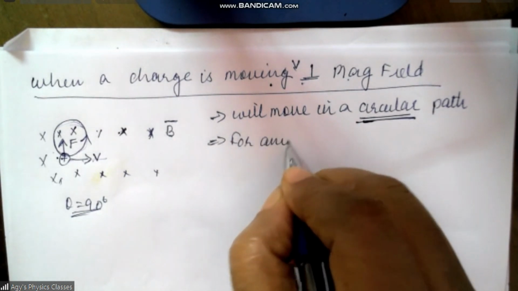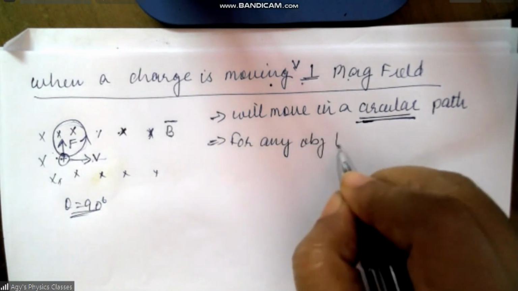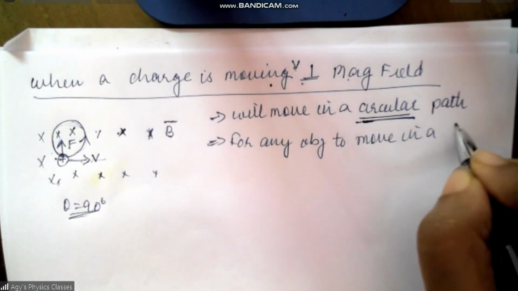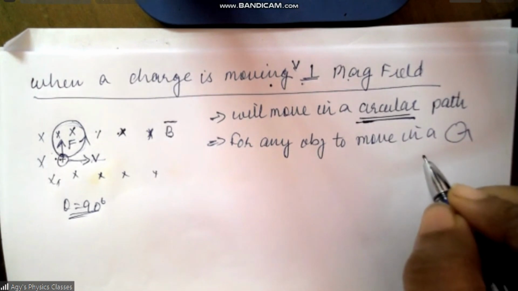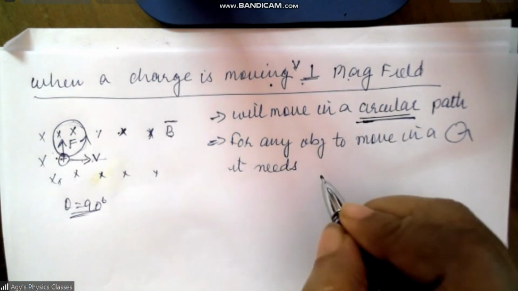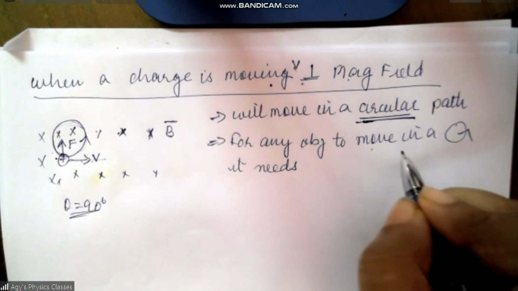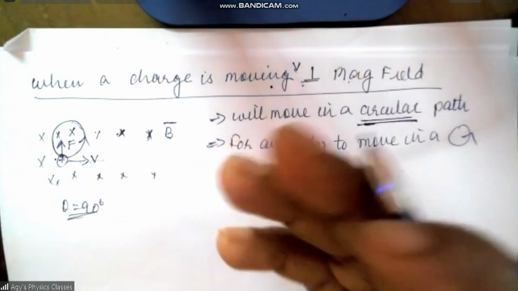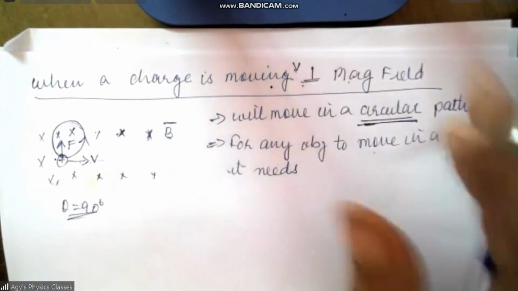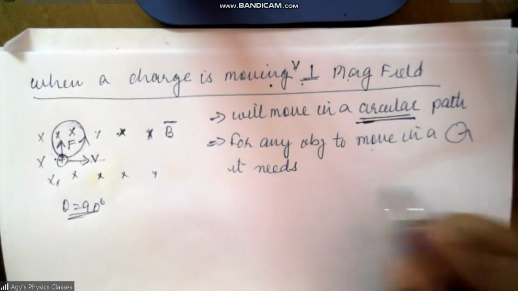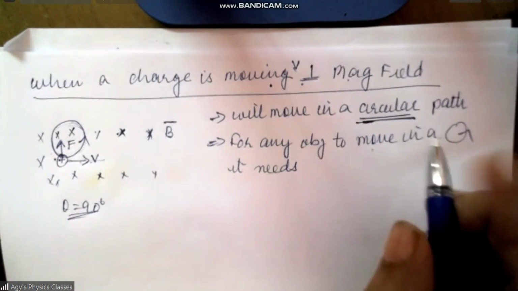For any object to move in a circular path, what does it need? Not magnetism, anything that is general. Centripetal force.